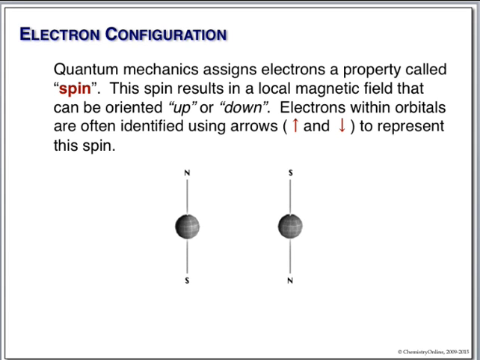This is the quantum property called spin. But it sure looks a whole lot like these things are spinning. And when they do, they can orient themselves in 2 ways. So the 2 electrons that we place in an orbital are going to have opposite spins.